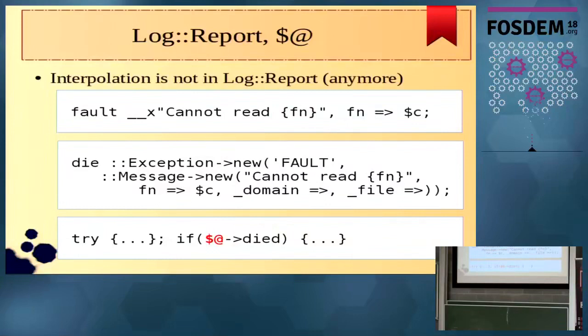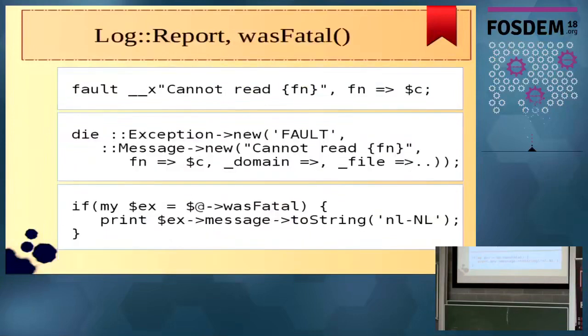It's also false if you died. You can also ask for the exception which was fatal, and you can catch other things like trace information in $@. But I want this fatal exception, and please print me that message in Dutch. Here it's very explicit: I want this message string translated into Dutch.